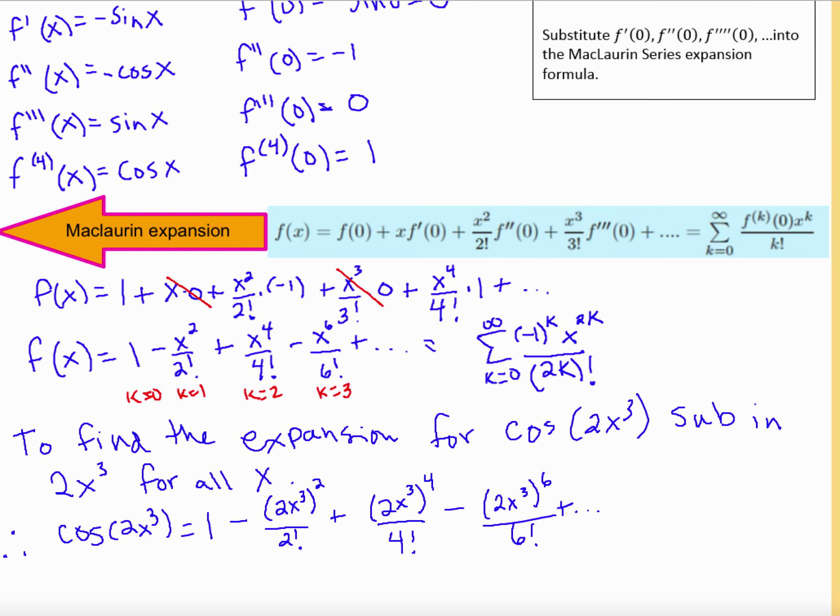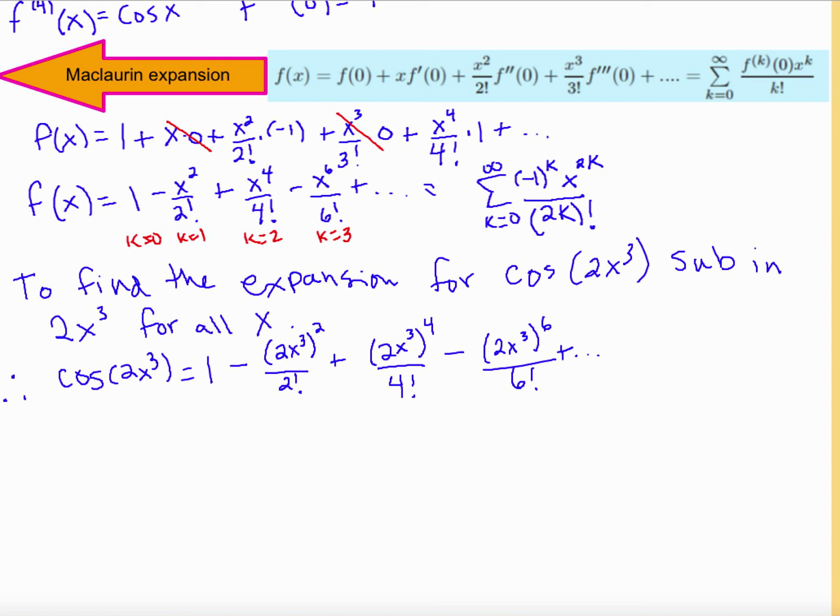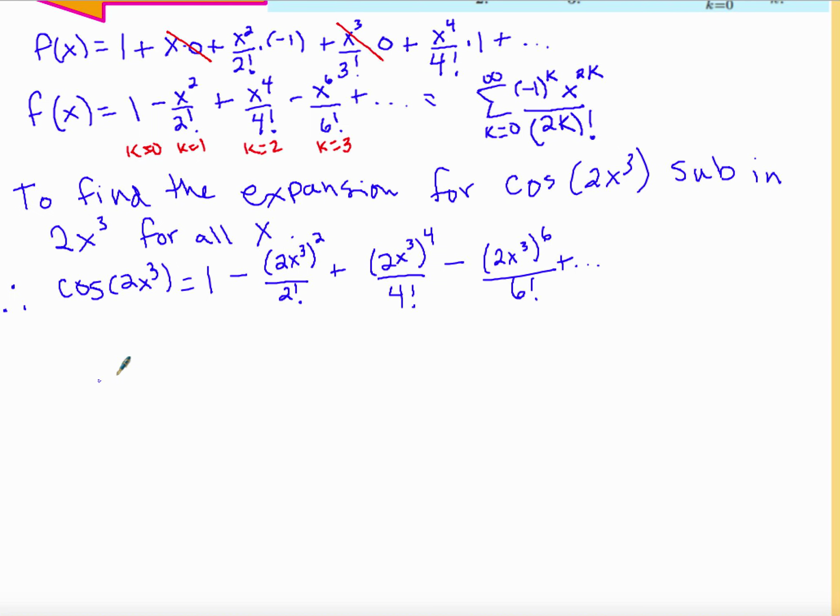So we can simplify this a bit. And we're going to get 1 minus, let's see, 2x cubed squared is 4x to the 6th, and 2 factorial is 2. 2x cubed to the 4th power, so we're going to raise 2 to the 4th power, and x cubed to the 4th power.